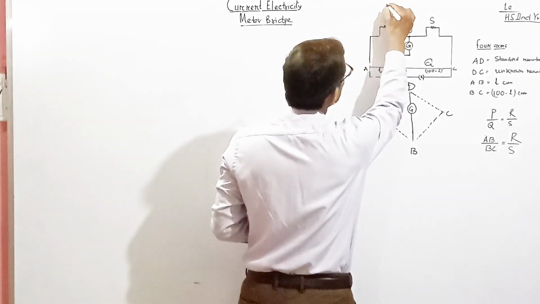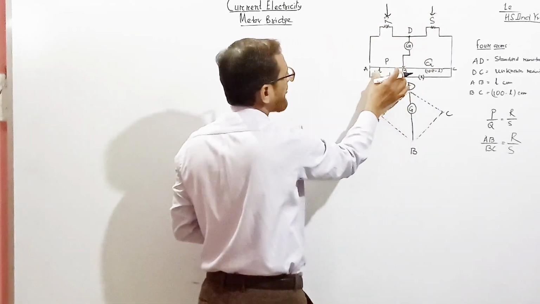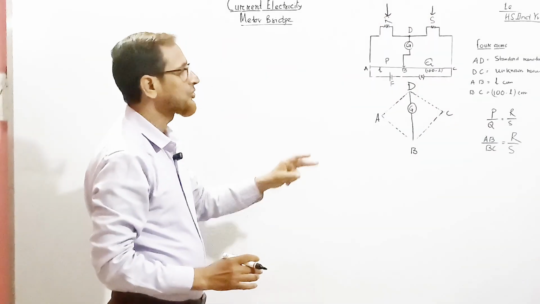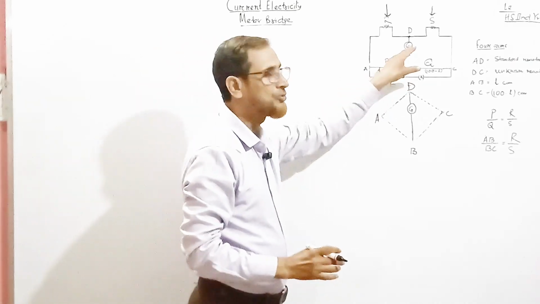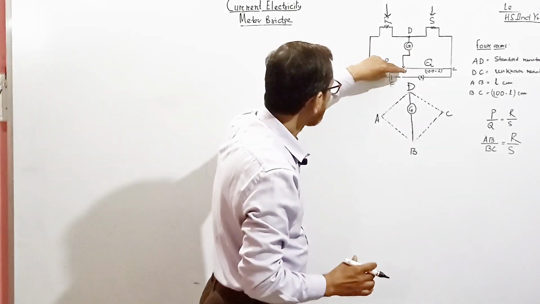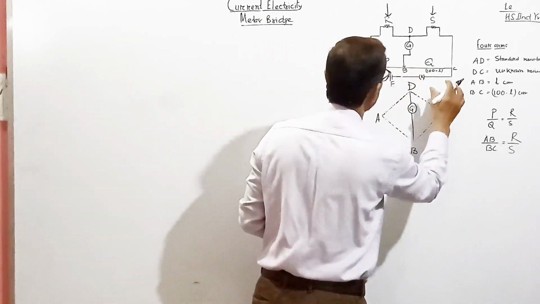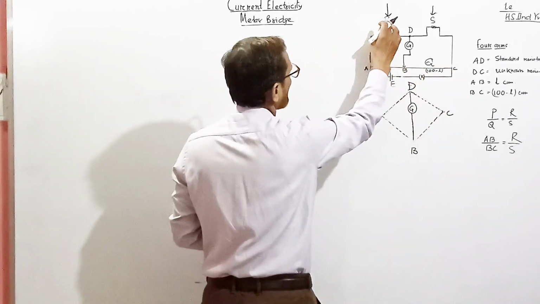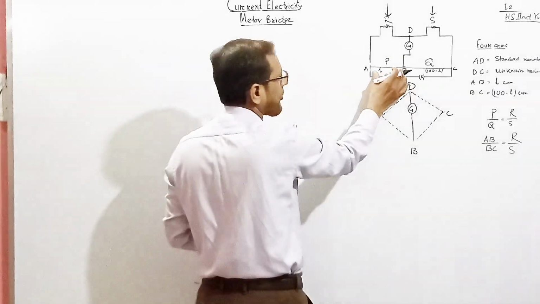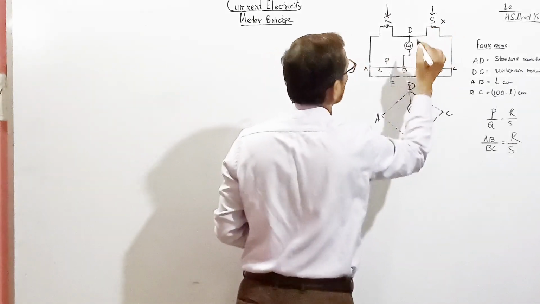Here resistance R is known, S is unknown, and AB is the length which is adjusted so that the current through G is 0. Let that be L, and BC is 100 minus L. So this is known and this is also known, so we can find BC.